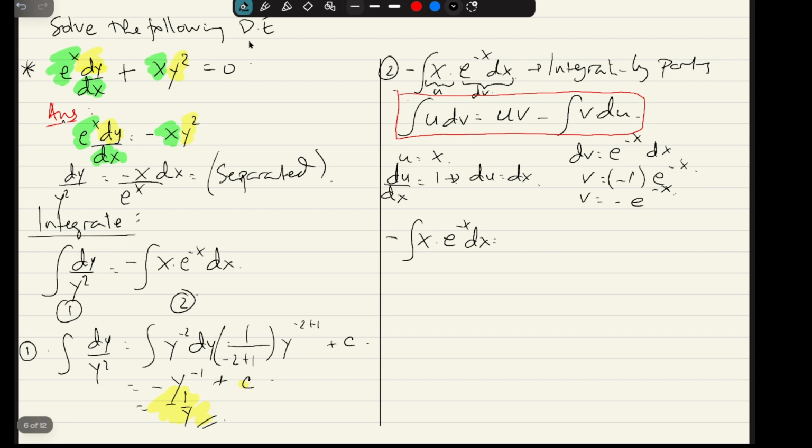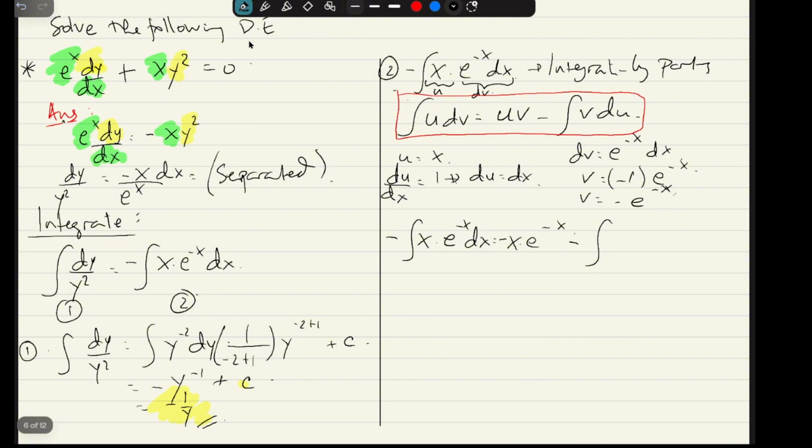That's u, that's v, so x, oh my god, there is a negative sign here. So in that case, I have to put negative there, negative x e to the negative x. Thus we have our uv, u times v, and then minus the integral of v du.